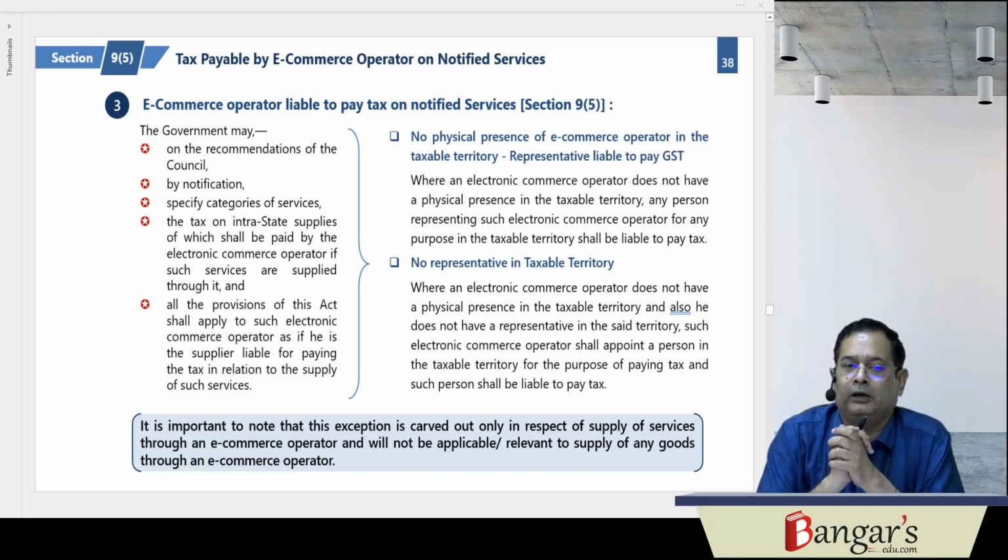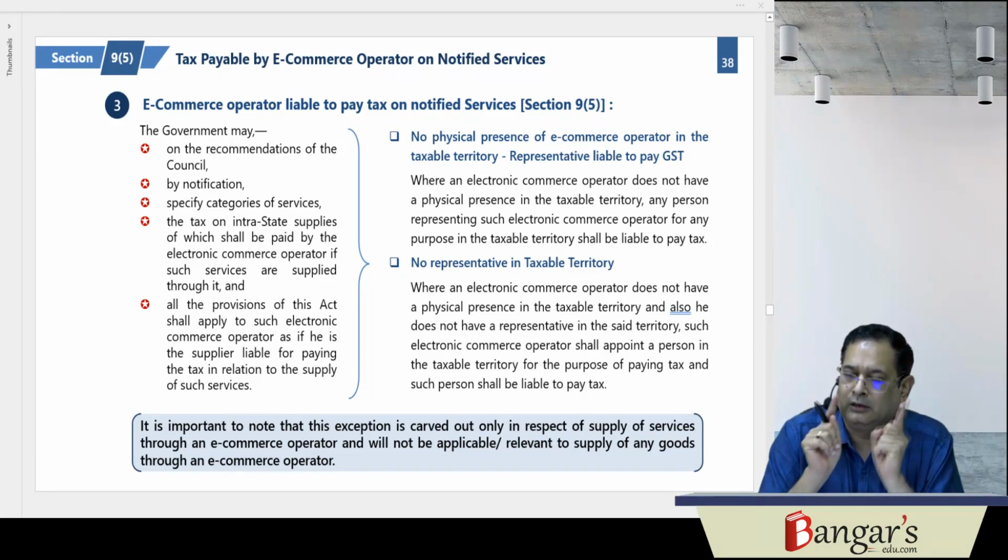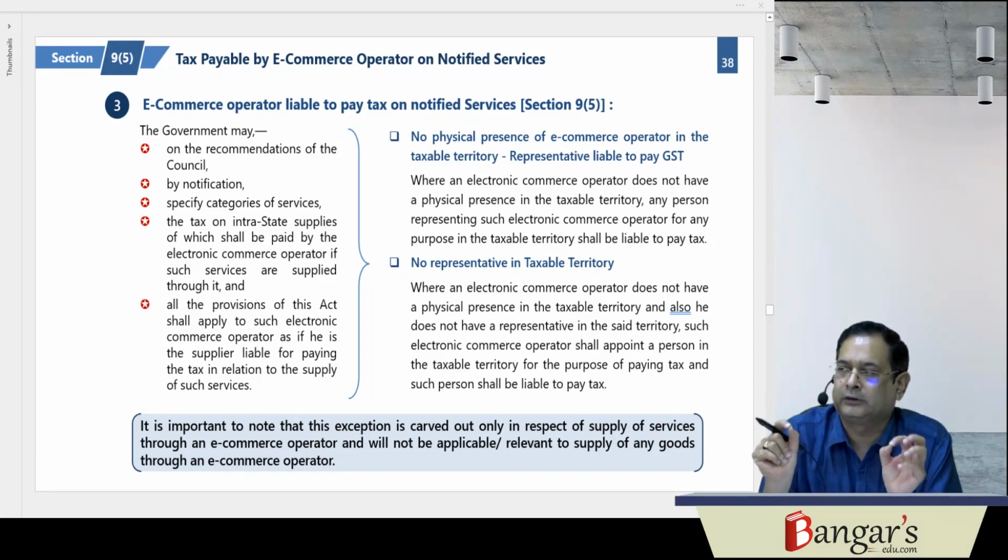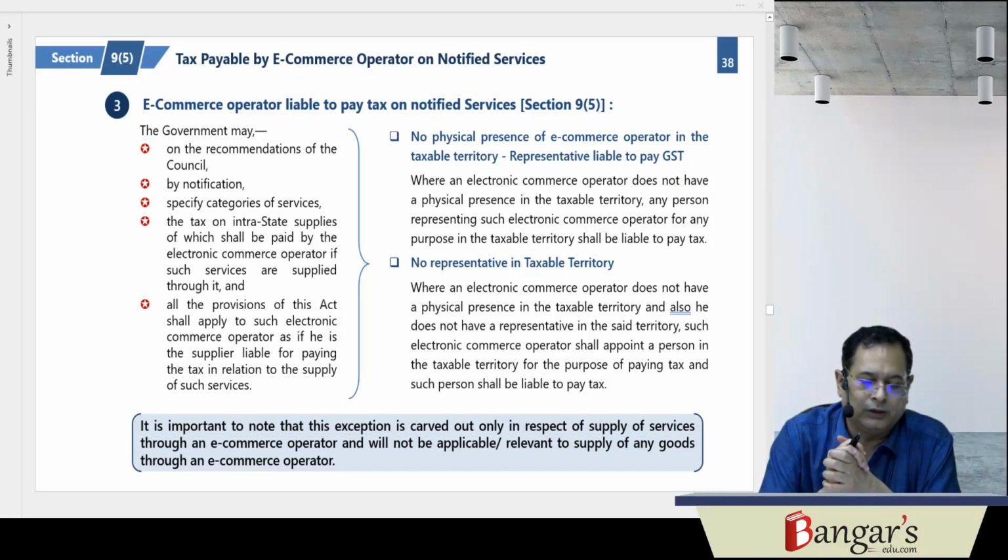So fundamentally, section 9.5 states that in respect of certain specified services, which will be notified, the e-commerce operator will be regarded as what? The supplier of service, and he will be liable to pay GST on the same.